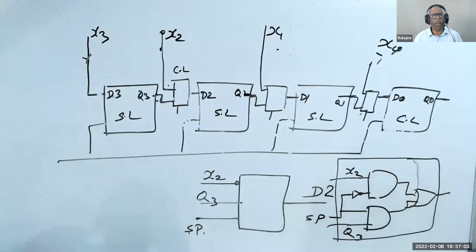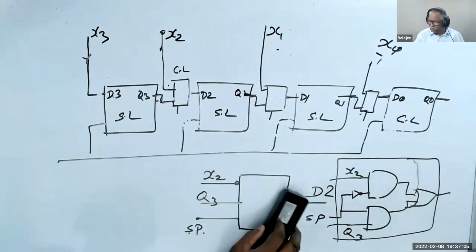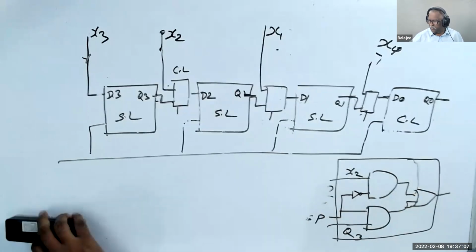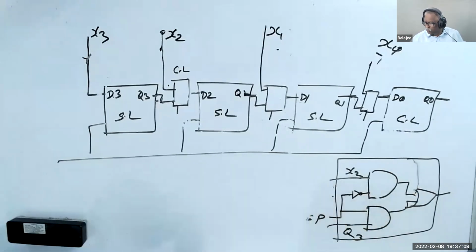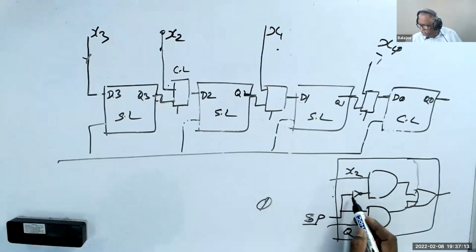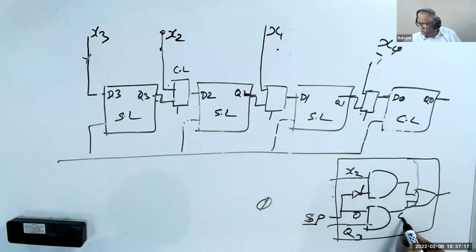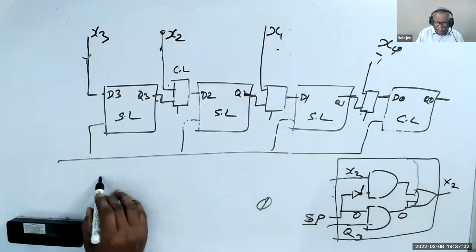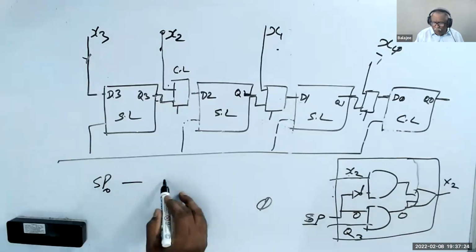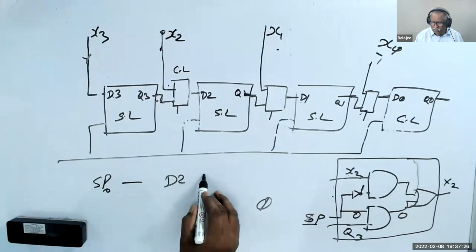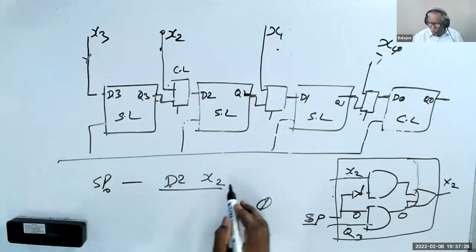X2 and M2, I've expanded this now. Now, when SP is 0, what happened? This became 1, this became 0, so this output is 0. Now X2 goes here, so the output becomes X2. When SP is 0, D2 becomes X2. This is called parallel load.